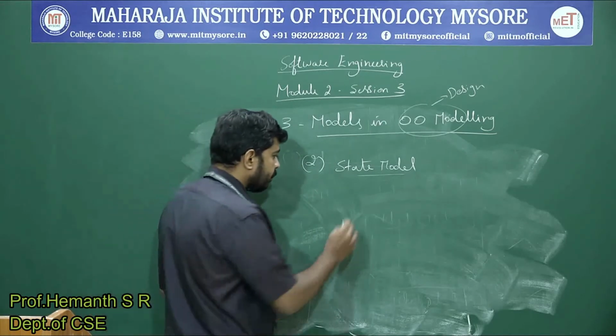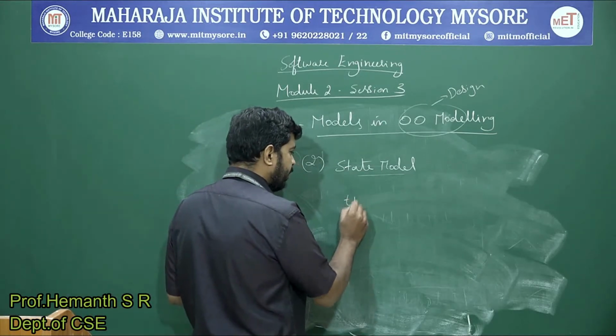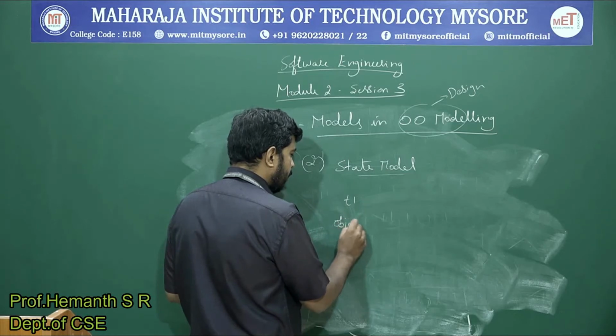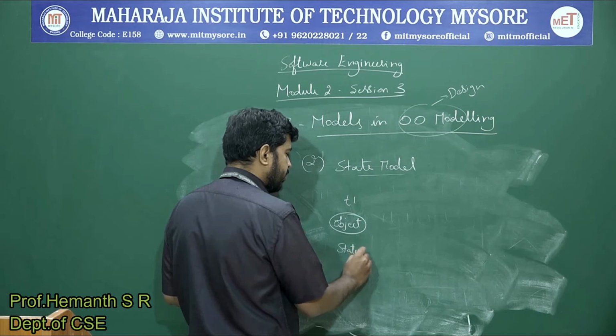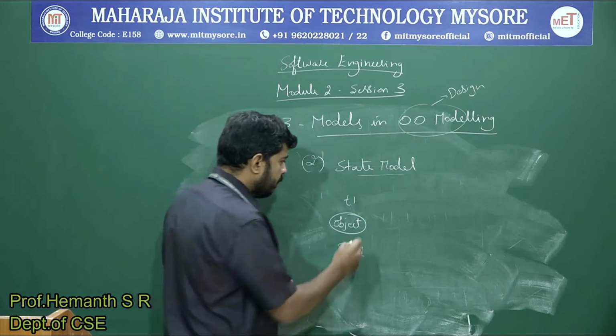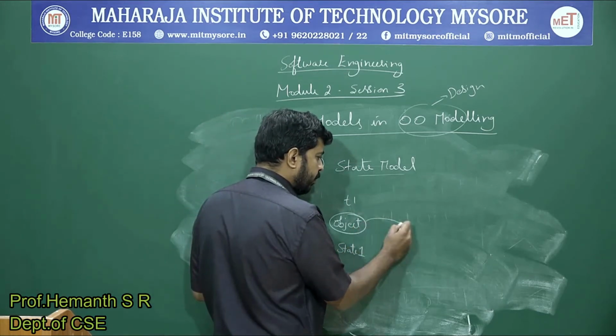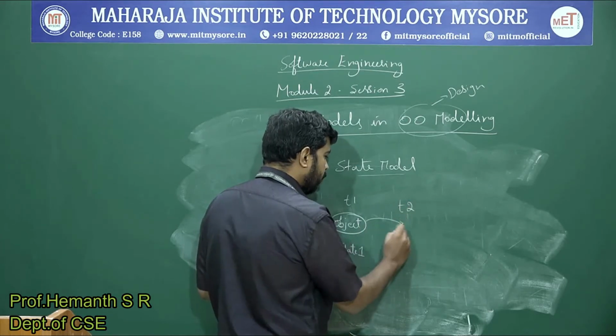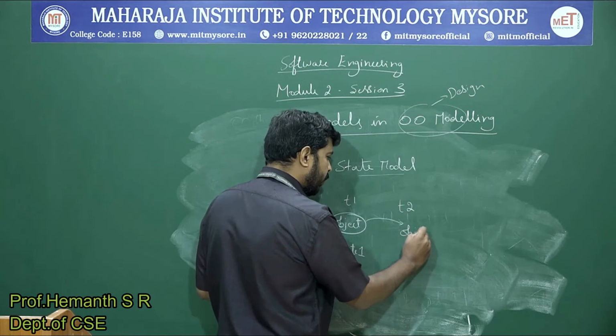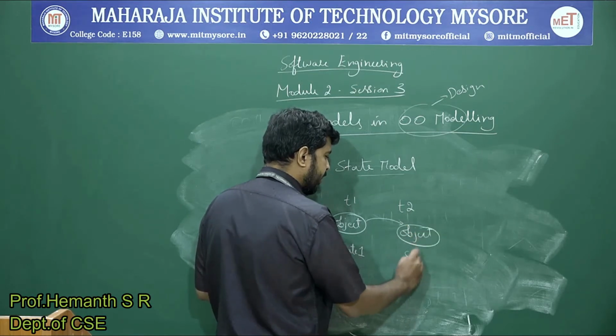For example, at a time t1, the object was in state 1. Maybe because of an interrupt or an event, at a time t2 the same object went into a different state, state 2.